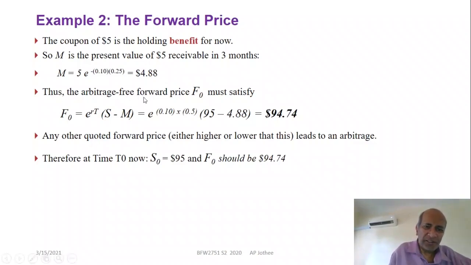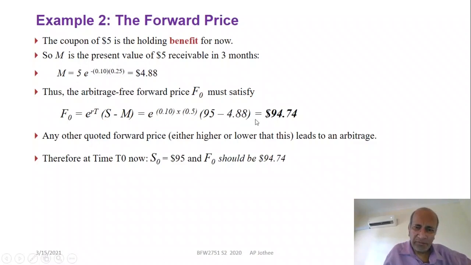Thus the arbitrage free forward F0, or the theoretical price of the F0, must satisfy this: F0 equals e to the RT, S0 minus M. Here you are compounding it, be careful. Students get confused here. Here you are discounting the $5.